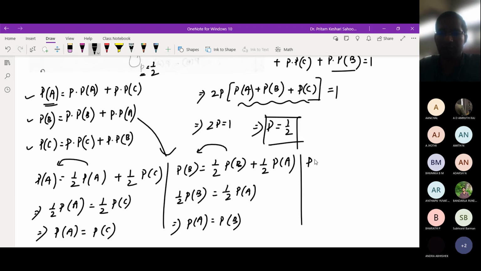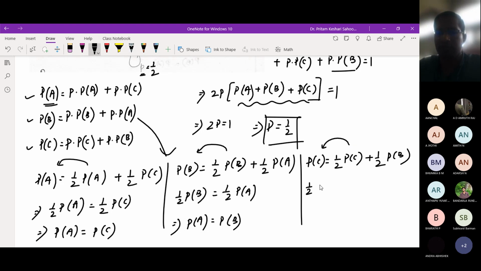So probability of C equals 1 by 2 probability of C plus 1 by 2 probability of B. And again, I will take it to the left hand side.